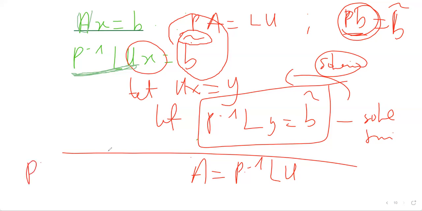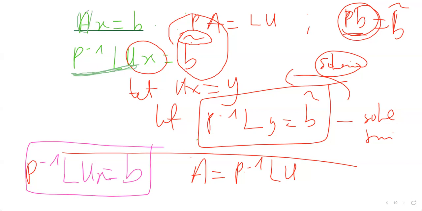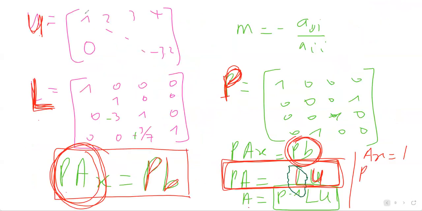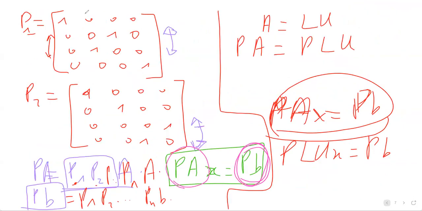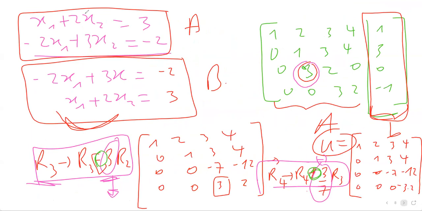If you do, you're saying PLU X is equal to B. So if we go back, this is why I kept saying that even for the normal Gaussian elimination, if you do a row exchange here, you change the right-hand side. Do you understand?